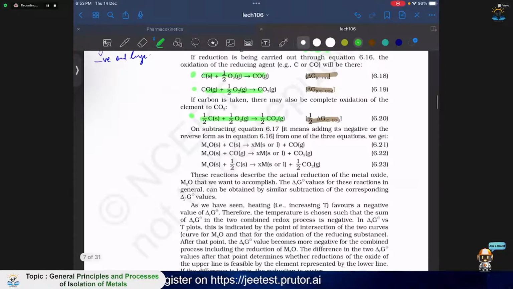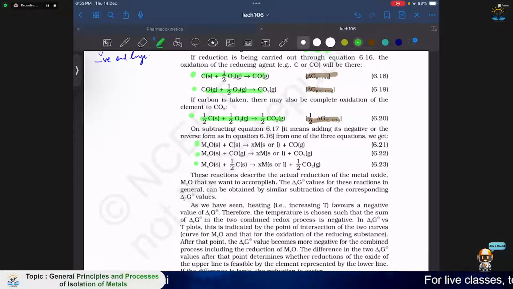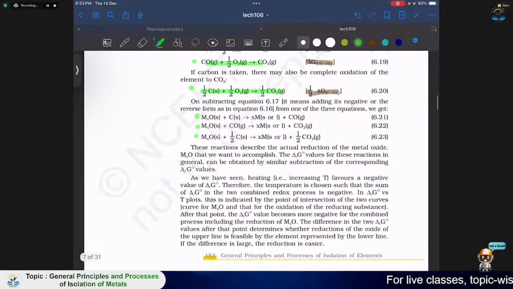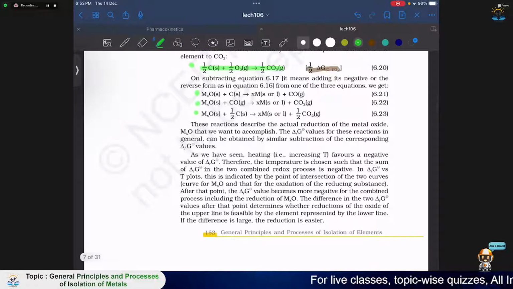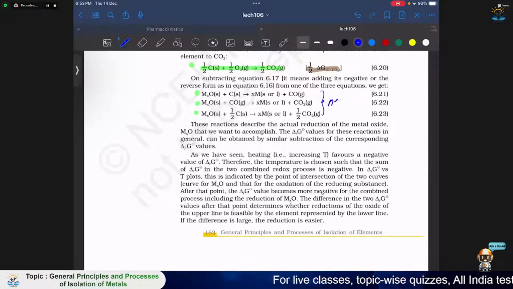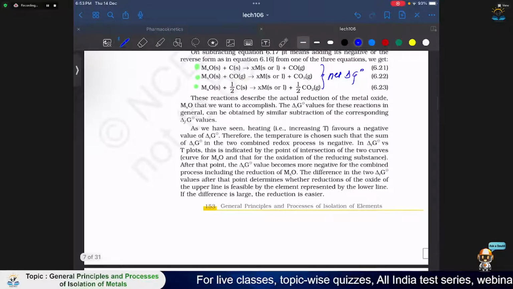You get these equations. If carbon is being used as the reducing agent, then this. If carbon monoxide is being used, and if carbon is getting converted to carbon dioxide, then this. So these three reactions have their own net delta G values.